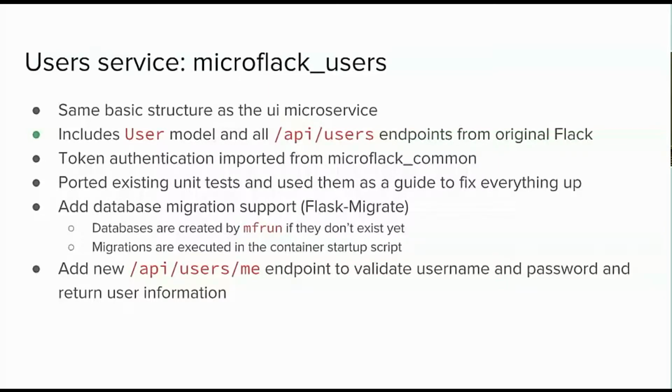So as far as structure, it's very much like the UI service that I showed you before the break, except that this one's longer because it's got database models, right? So we're using Flask, SQLAlchemy, the usual stuff, the same thing that I always do. For the endpoints that take tokens, it's going to import the token validation from the common package.